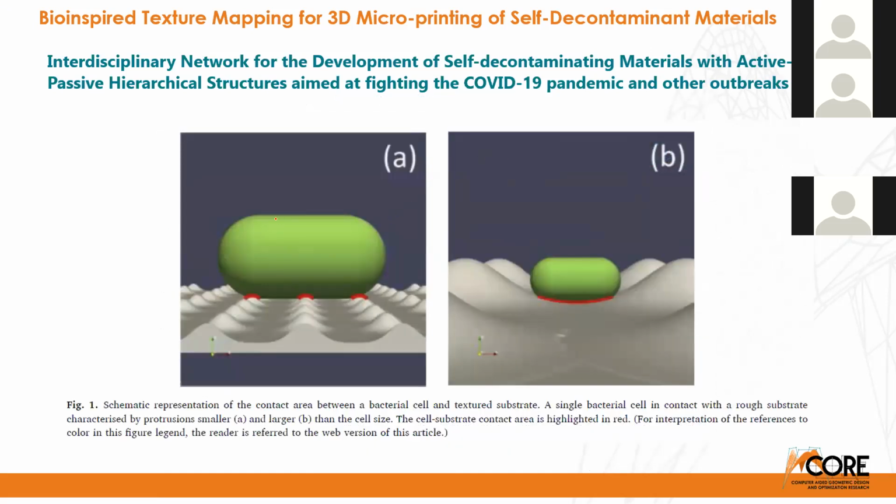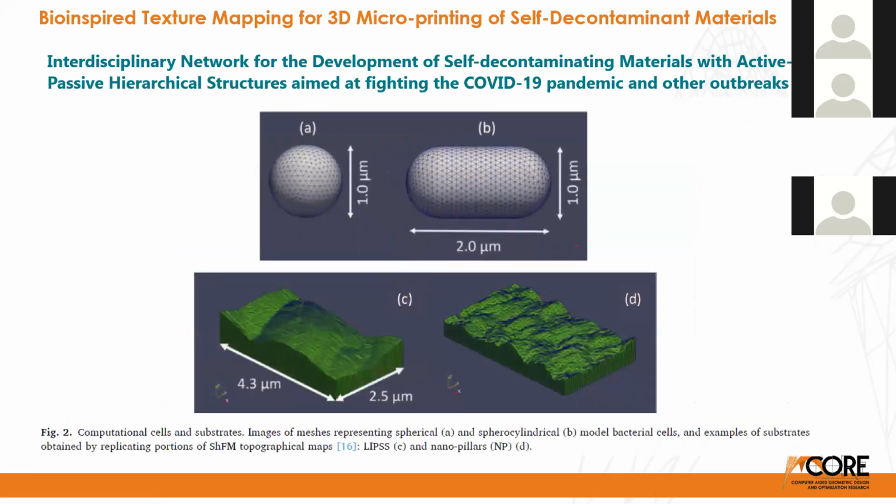They simulated bacteria as a cylinder with rounded ends. And in this figure, it shows the contact between the bacteria and two different types of topography. Here we have a smaller contact, and here a bigger contact, depending on the topography. The contact is a way to measure the force needed to attach the bacteria to the surface.